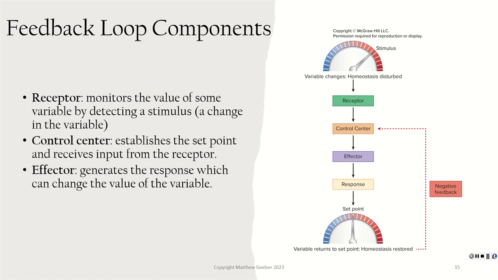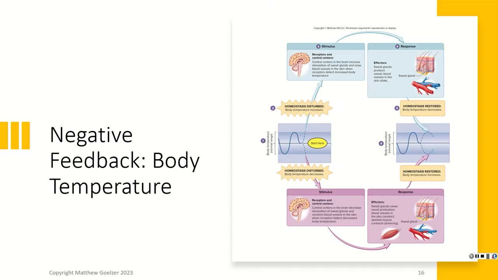All this is to say we have receptors receiving a signal, we have a control center of some sort, looks different at different levels, receiving the signal and then initiating some sort of response, which is our effector, right? To push us back to homeostasis, right? In terms of a negative feedback here, right? In terms of body temperature, right? So the body detects that we are disturbing, like on the bottom end here or the top end.